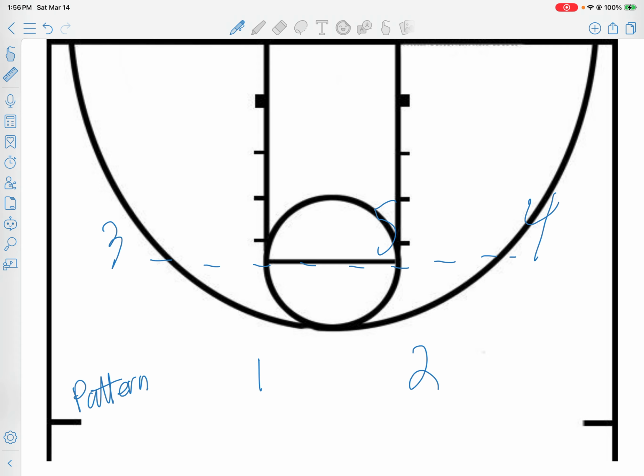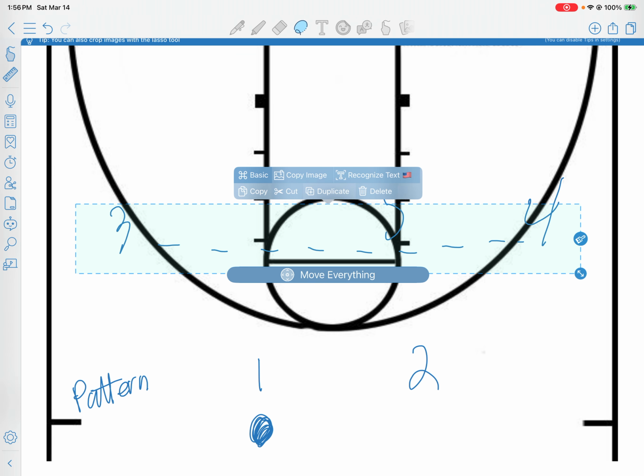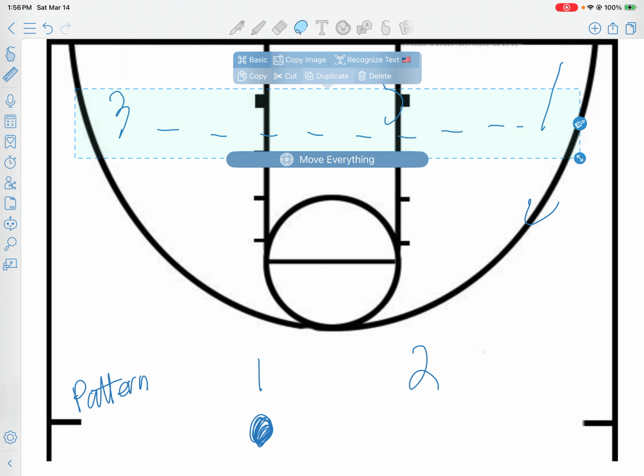So our kids and other kids have a tendency of playing higher up. What I want us to do though is the ones and the twos, when you bring up the ball, your primary responsibility as you bring it up is to make sure that our guys set up low, right?